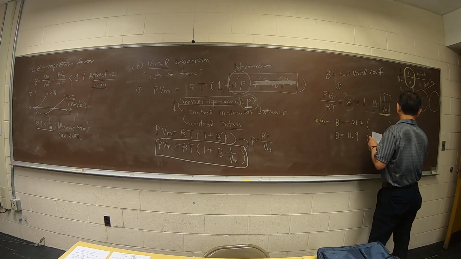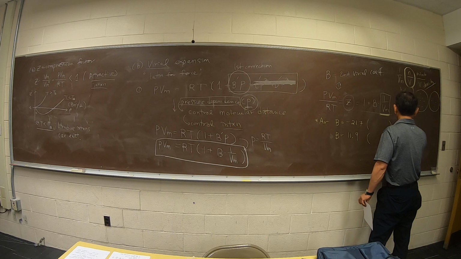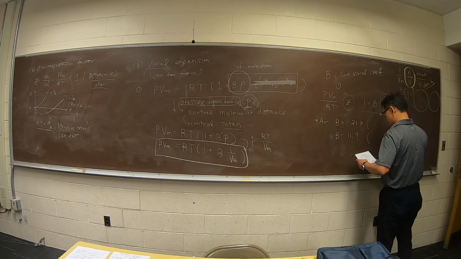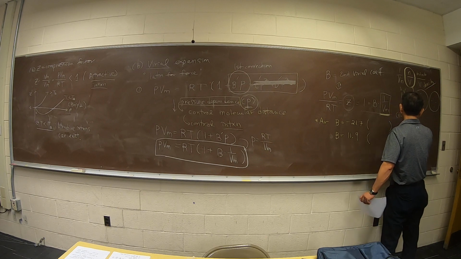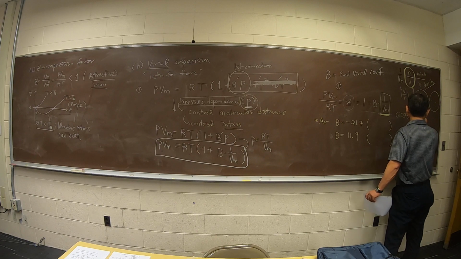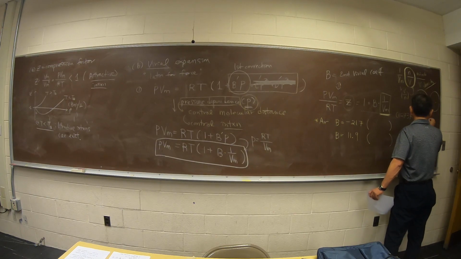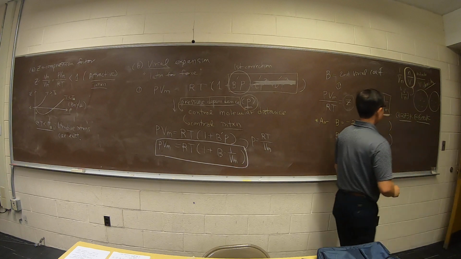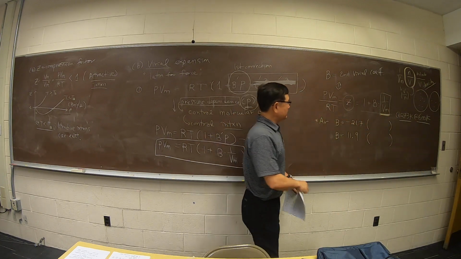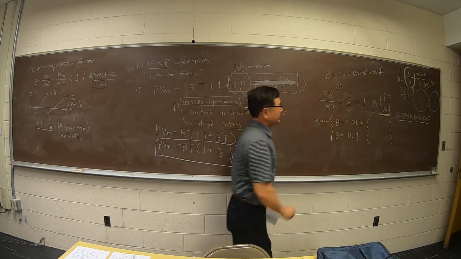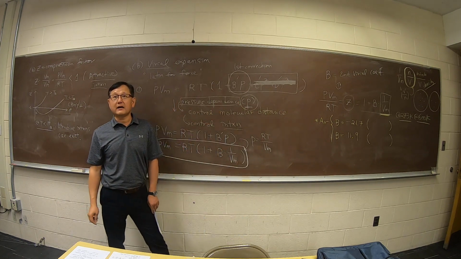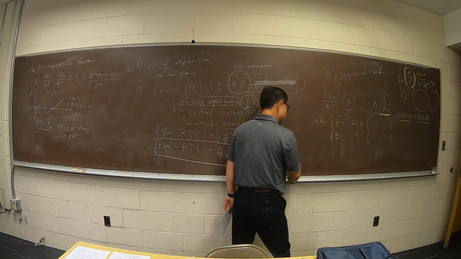So let's say at 273 Kelvin and at 600 Kelvin. There are two temperatures. One is this value, the other one is the other value. So I want you to figure out which one is which temperature.